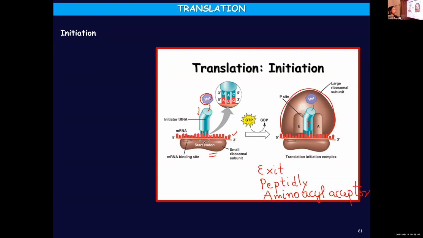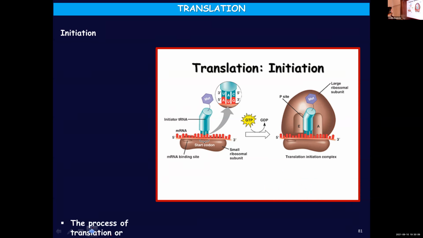These three sites are there, not in the small subunit, but in the large subunit. Three specific sites: E exit site, P peptidyl site, and A acceptor site or amino acyl acceptor site.